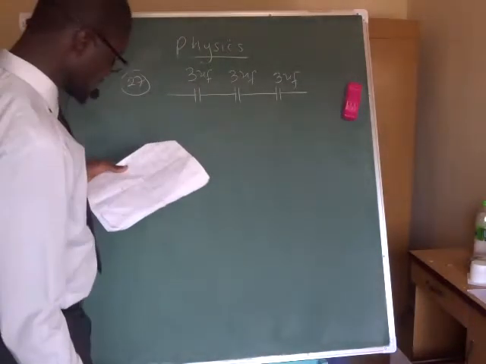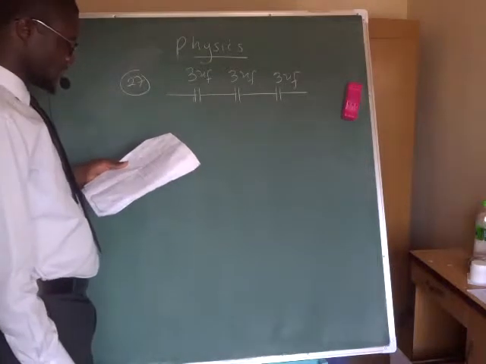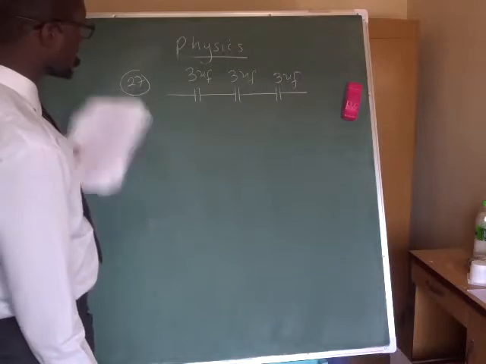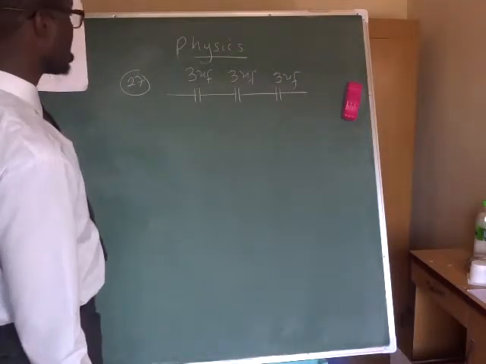So the question says, from the diagram above, the equivalent capacitance of 3 capacitors is, so what is the equivalent capacitance of these 3 capacitors?